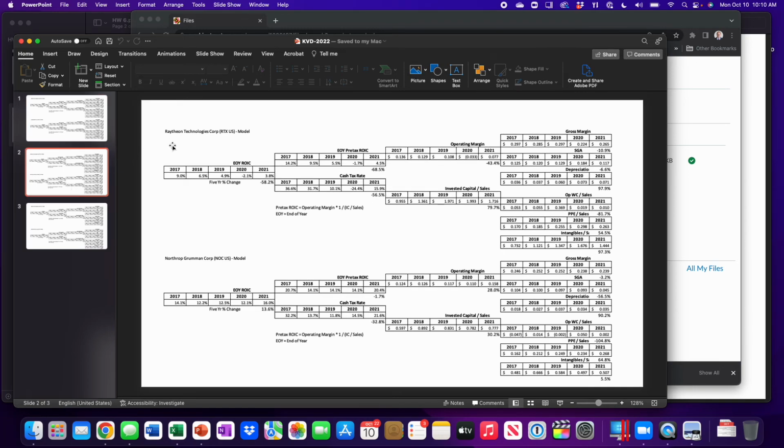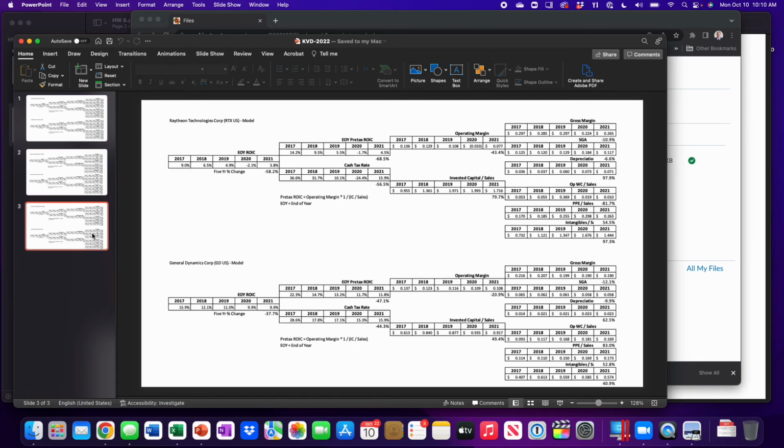Then we have Raytheon, same ROIC tree, against Northrop Grumman. And then as a third analysis, we have Raytheon against General Dynamics. So there's basically 4 ROIC trees in here. Raytheon is the consistent theme across all 3 slides, and I'm just benchmarking their ROIC against peers: Lockheed Martin, General Dynamics, Northrop Grumman.